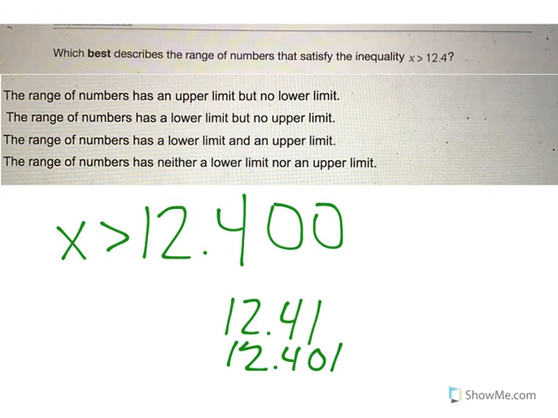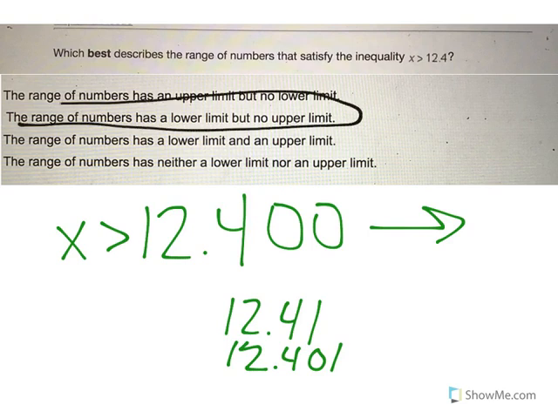So let's look at our options. The range of numbers has an upper limit. Is there a limit you can go to on numbers? I don't think so. The range of numbers has a lower limit, but no upper limit. So looking at our answer choices, this would be the answer because the range has a lower limit.